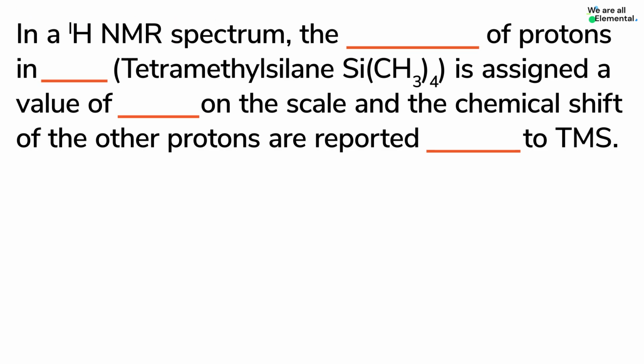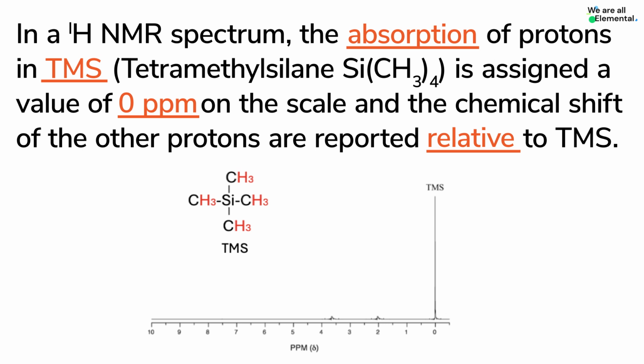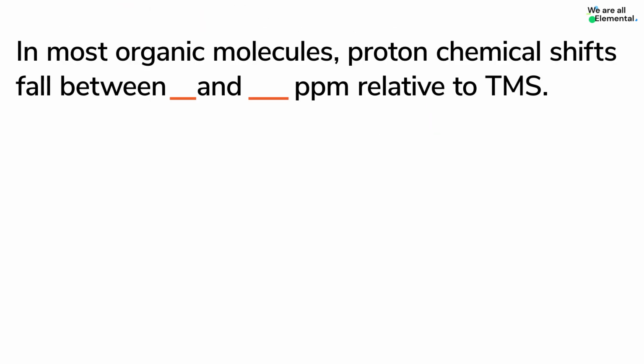In a HNMR spectrum, the absorption of protons in tetramethylsilane is assigned a value of 0 parts per million on the scale, and the chemical shifts of the other protons are reported relative to TMS. So in the graph, TMS would have a chemical shift of 0. In most organic molecules, proton chemical shifts fall between 0 and 12 parts per million relative to TMS.